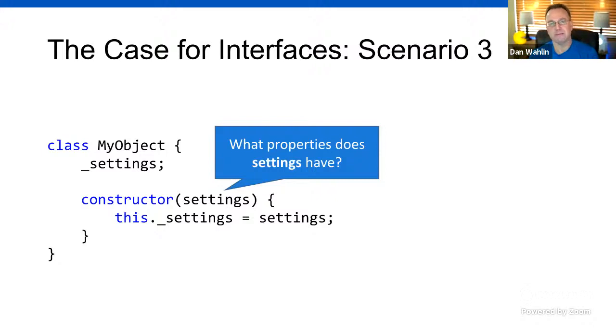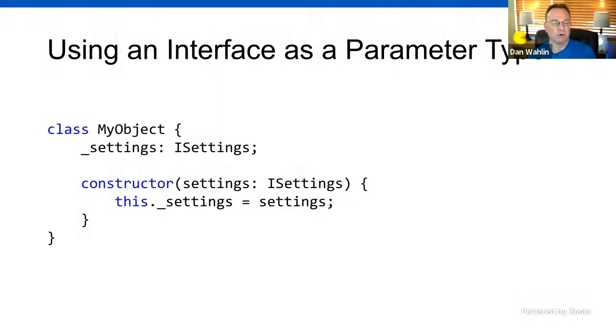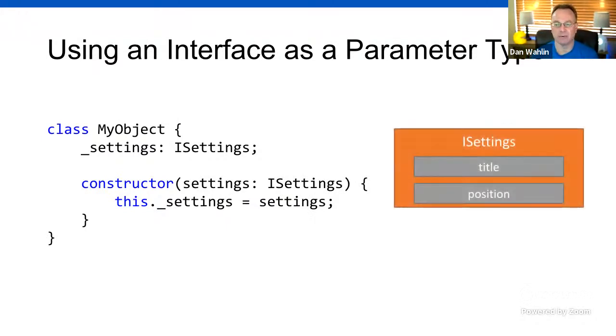So fortunately, TypeScript can help us out a ton in these types of situations where we have objects that need to be passed in from other developers. We can define what the shape of that data is so they know what to pass. So let me show you an example. What if settings was of type iSettings? Again, the I is optional. I'm doing that to make it really obvious in this demo.